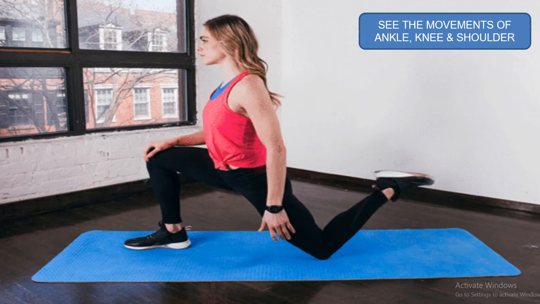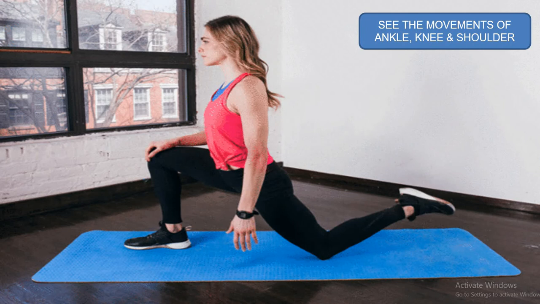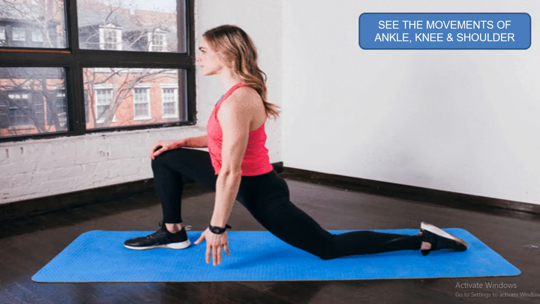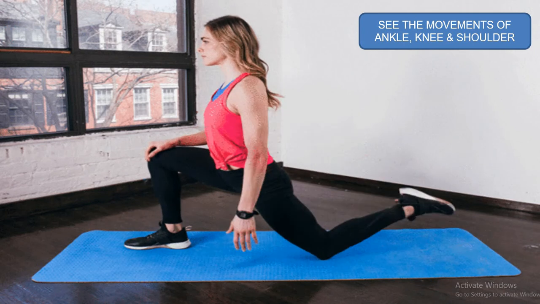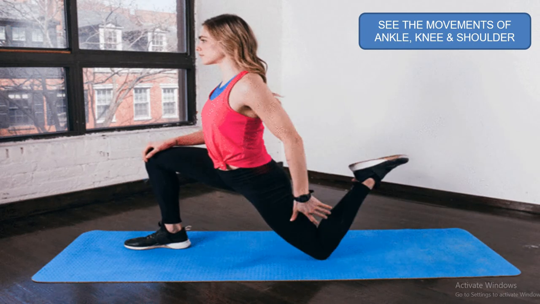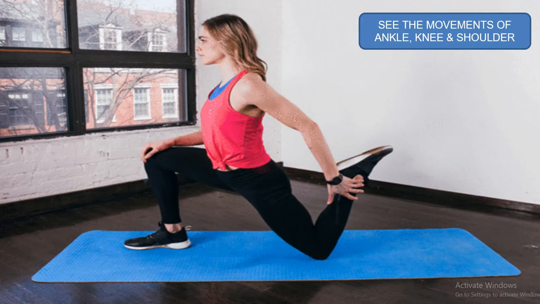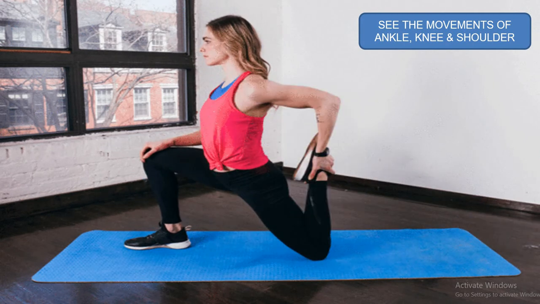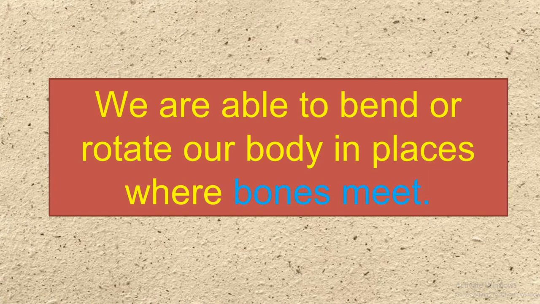The knee is one of the areas where the leg is actually moving, because at the knee, the two bones of the lower leg and the upper thigh actually meet. Hence, we are able to bend or rotate our body in places where bones meet.